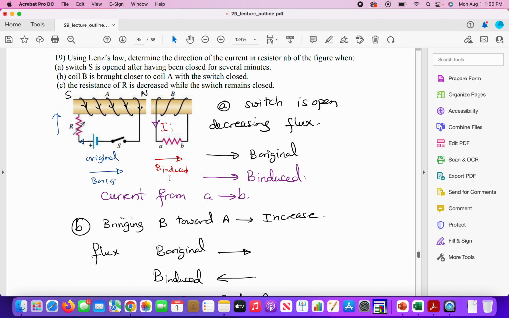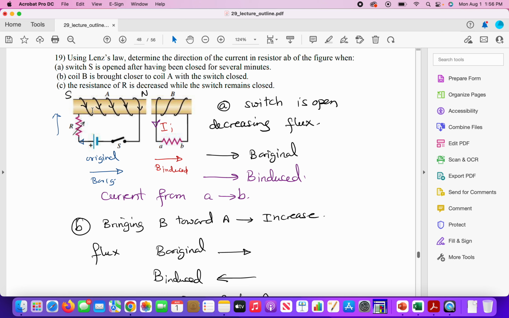And here in the first part the switch is open, and therefore we're going to have a decrease in flux, then both the induced and the original should be in the same direction. I did use the right hand rule here to find the direction of the original magnetic field.